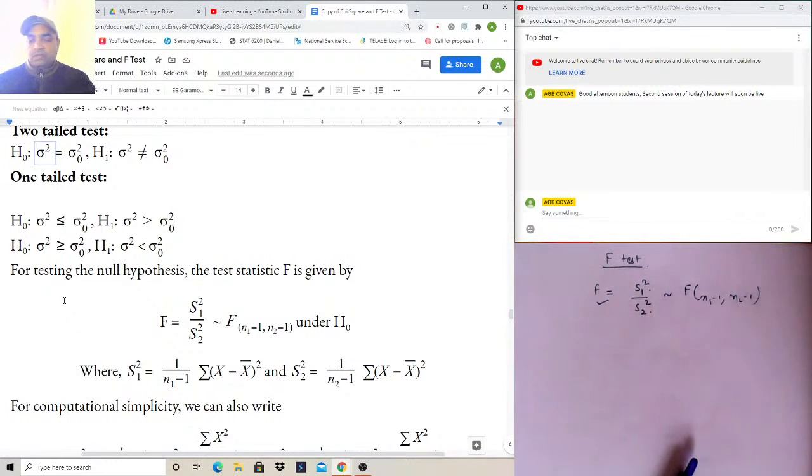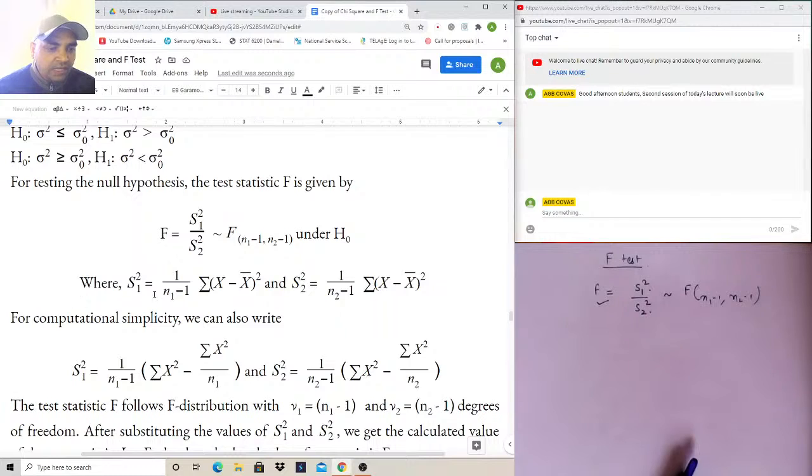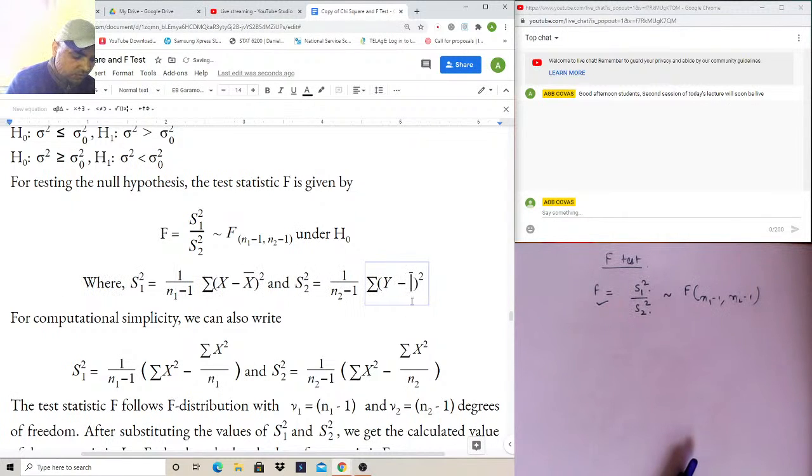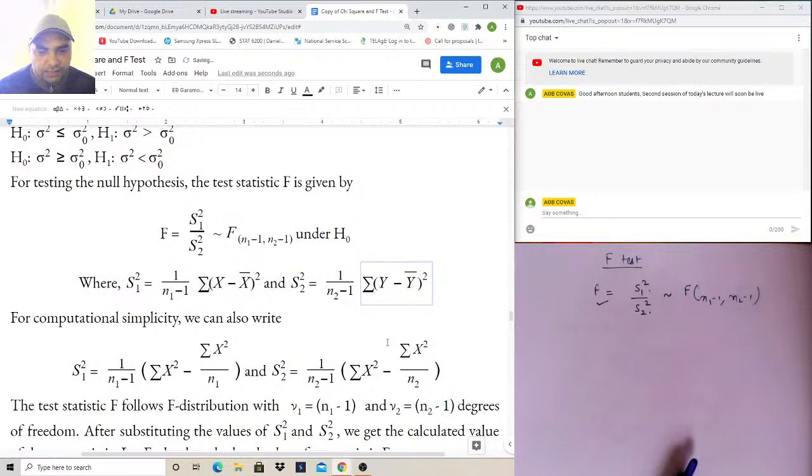So this ratio follows the F distribution. Here s1 square can be calculated using the formula 1 upon n1 minus 1 into sigma (x minus x bar) whole square, and s2 will be the same with y instead of x.